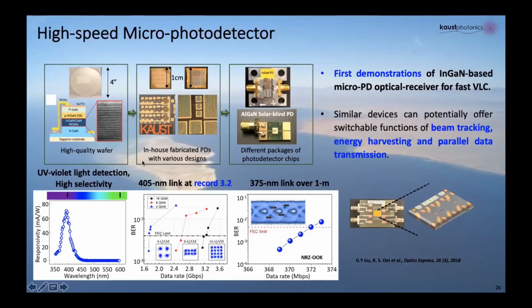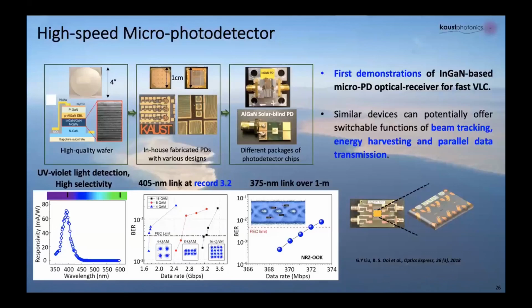What you're seeing here is that we are designing from the wafer level up to the component level and integrating onto the package. What we achieve today is a few gigabits per second, 3.2 gigabit per second or so, at 4 or 5 nanometers.